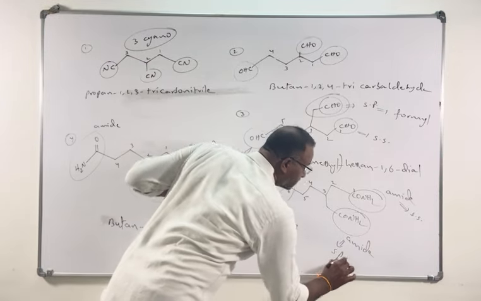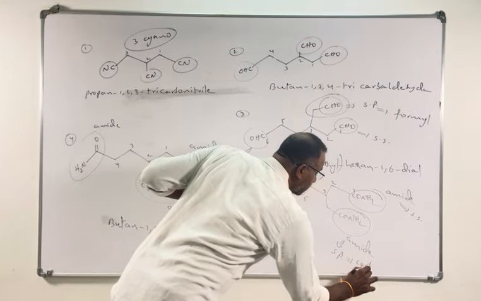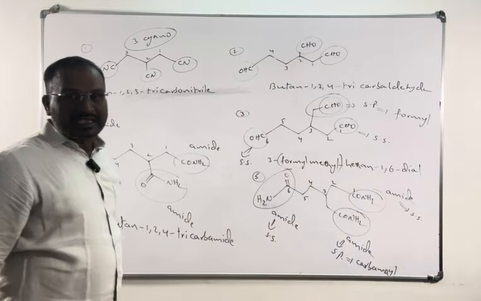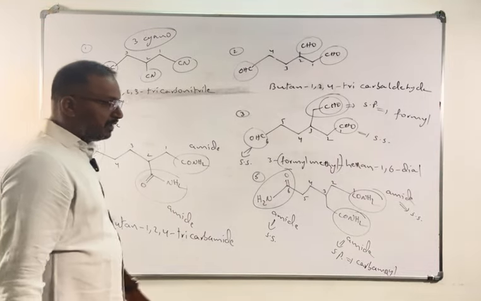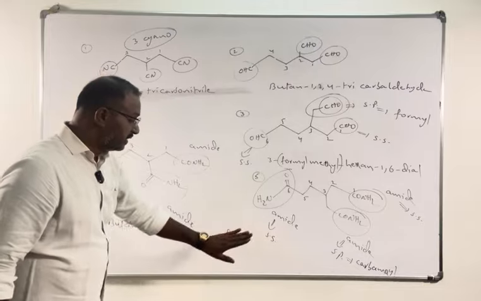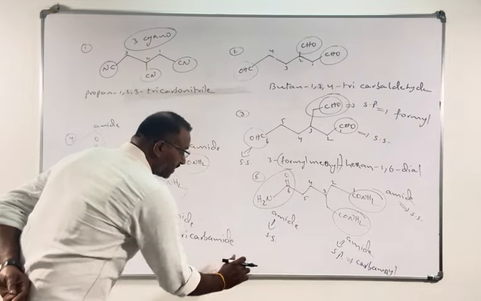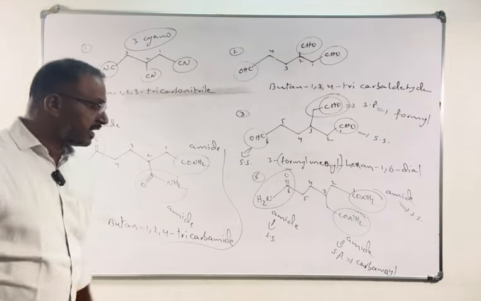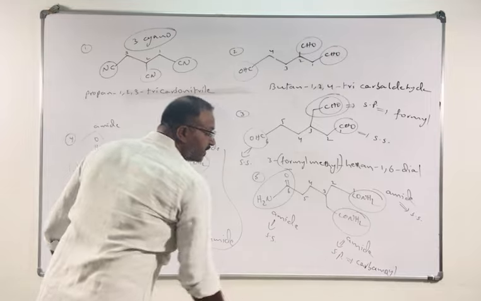If it comes under secondary prefix, we have to say it as carbamoyl, M-O-Y-L, carbamoyl, and a methyl group is there. So if we write the name for that, I'm writing here, please try to understand, because of the space problem. First we have to say the secondary prefix.